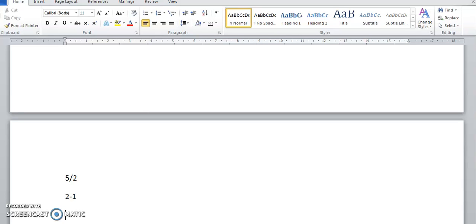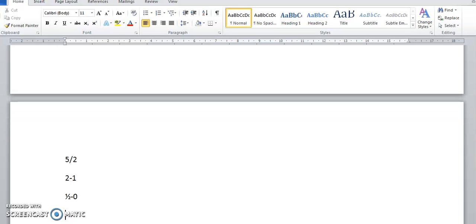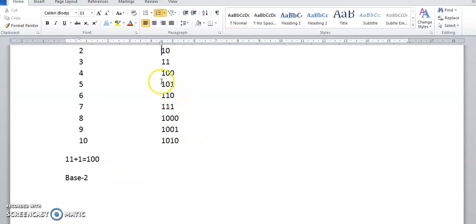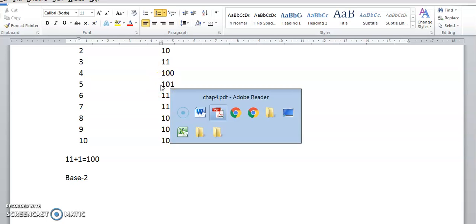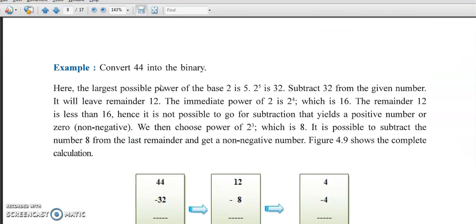Shall we divide 1 by 2? No, so we write 0 as it is, and the remainder is 1. So the value of 5 is 101, read in reverse. Is this right? Same system explained in our textbook.